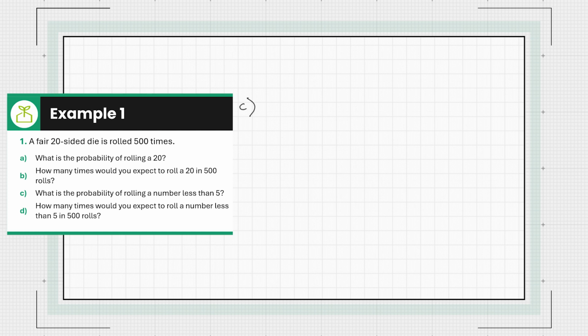So for C, what is the probability of rolling less than 5? First things first, the total number of outcomes on a 20-sided die is still going to be 20. Now, how many favorable outcomes do we have?